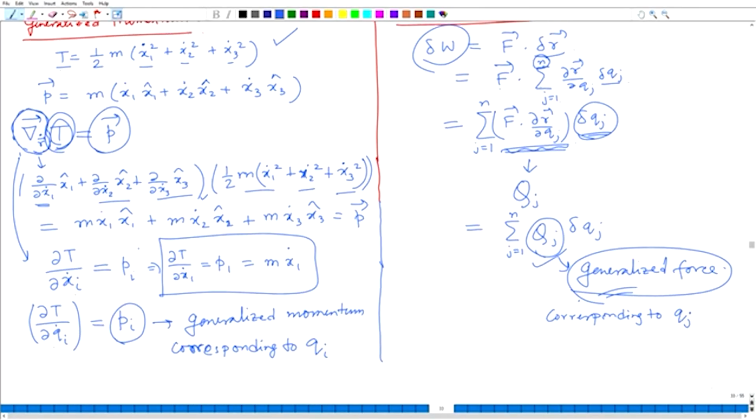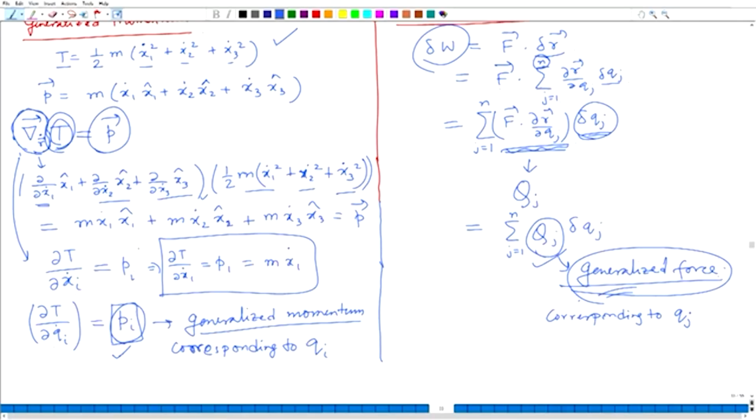Now, in both cases you will see that we are deriving a scalar, both for generalized momentum and generalized force, whereas in usual cases force and momentum are vectors. But here, for a system where one generalized coordinate can be of the nature of distance and another can be an angle, the two momenta will not be of the same nature as well.